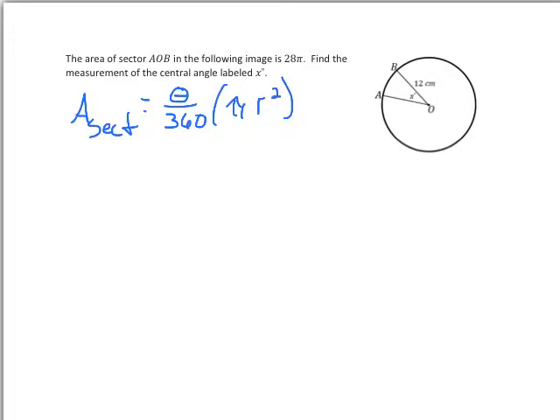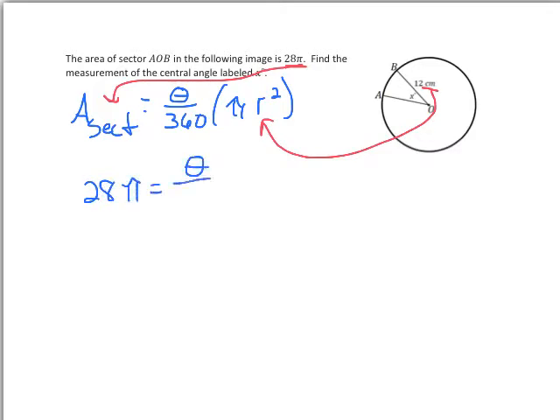We know that the area is 28 pi, so that'll go in here. And we have the radius is 12, so that'll go in there. And eventually we will solve for the angle. So 28 pi is equal to theta over 360 times pi times 12 squared.